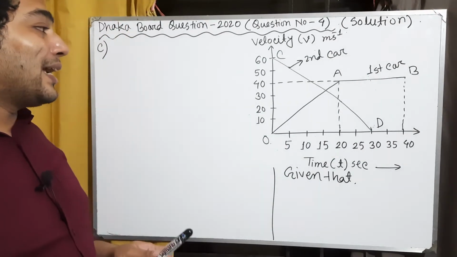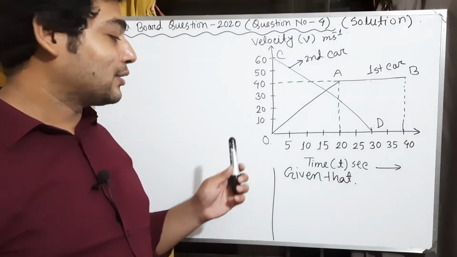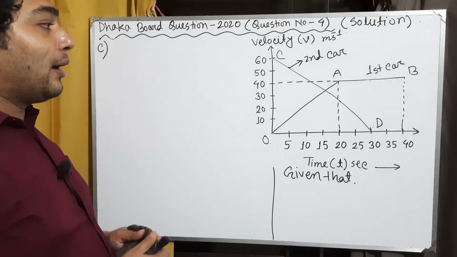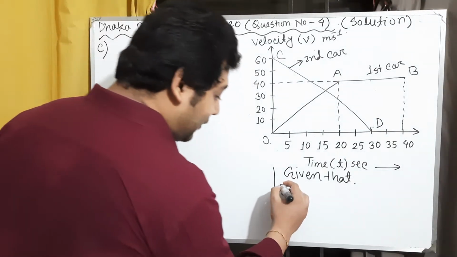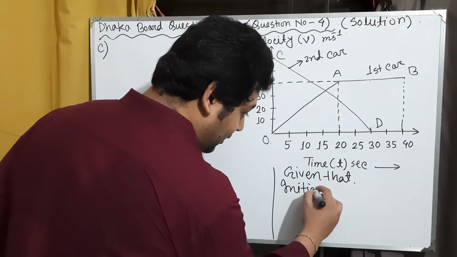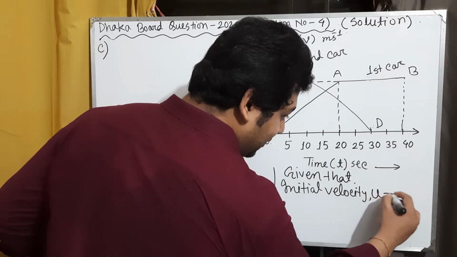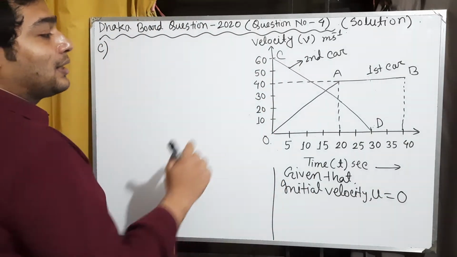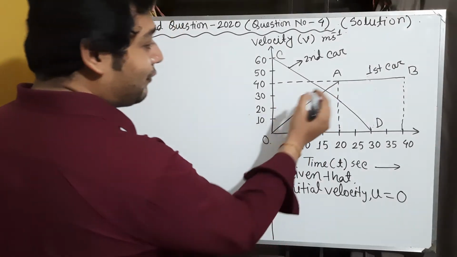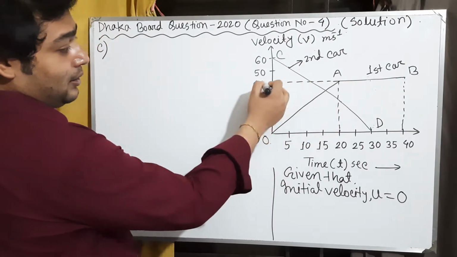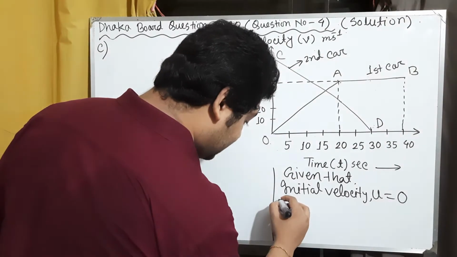So we will get the acceleration from the OA path. By analyzing the OA path, we get the initial velocity u equal to 0 because the curve starts from a steady position. And from the graph we get the final velocity of 40 meter per second.